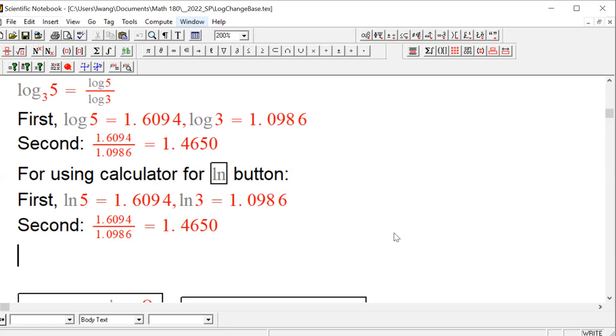I will double check, but you should get the same answer for sure. As a course, I'm not going to test you on this calculator part. So you just have to read your calculator menu to do it right.